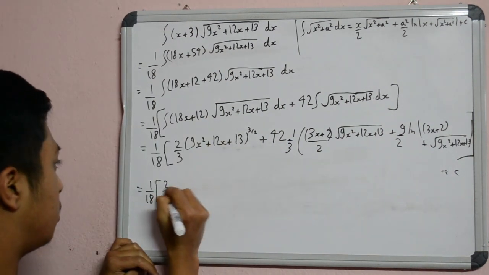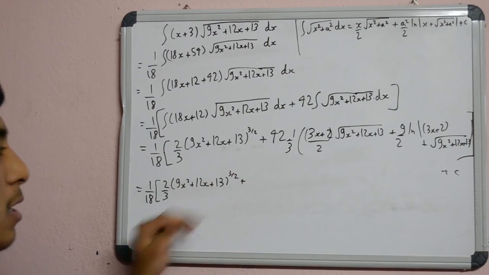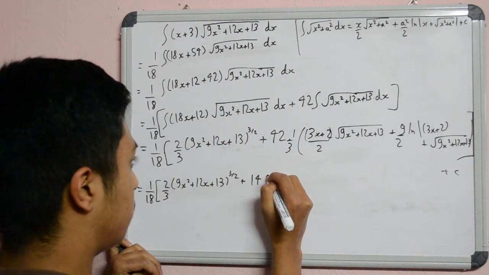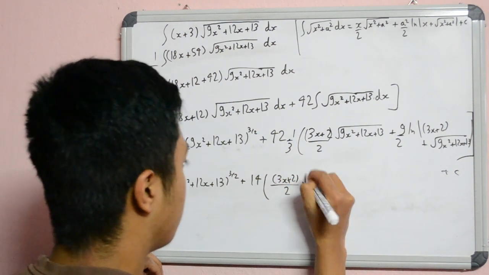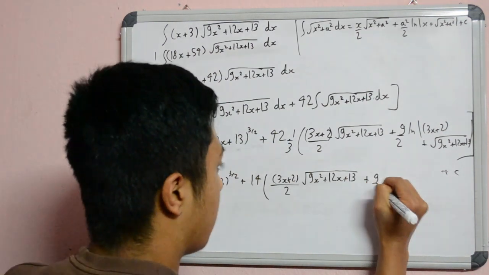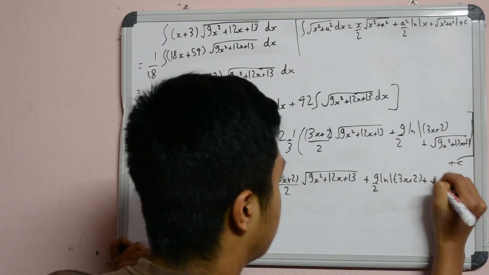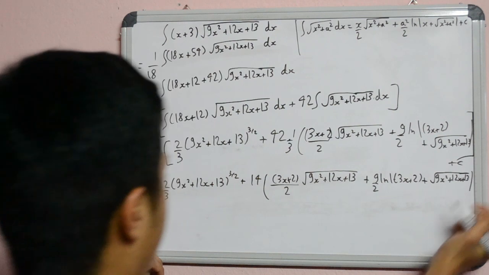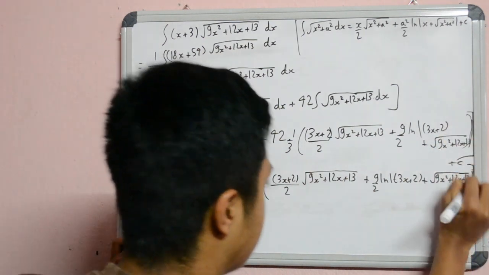So first this will be just 2 by 3, 9x squared plus 12x plus 13 to the power 3 by 2 plus, now 42 by 3 I said earlier is 14, and then 14 I'll just do bracket 3x plus 2 by 2 root 9x squared plus 12x plus 13 plus 9 by 2, this I'll just write here, log natural 3x plus 2 plus root 9x squared plus 12x plus 13, this and that.